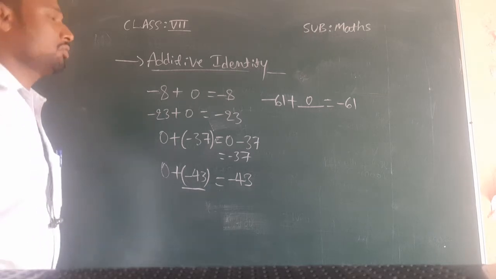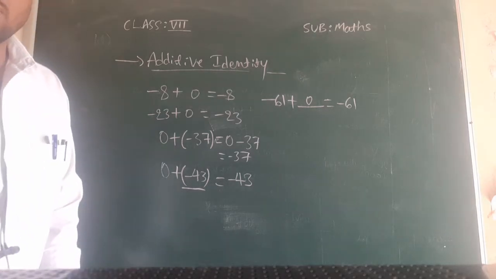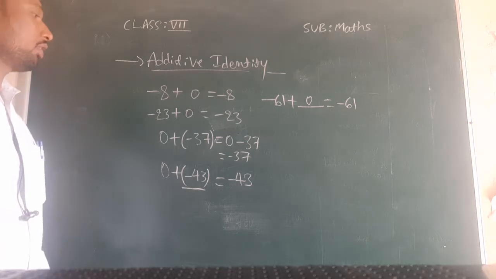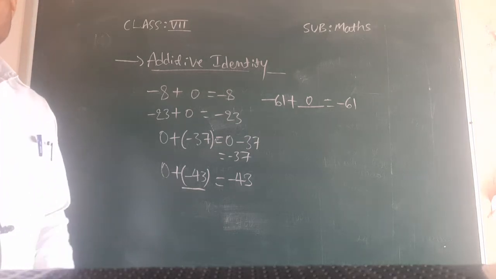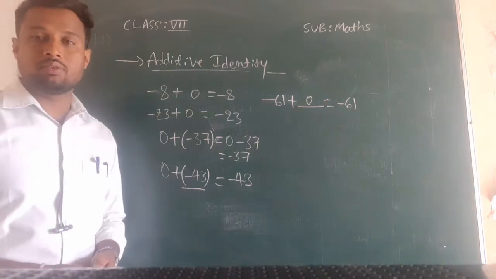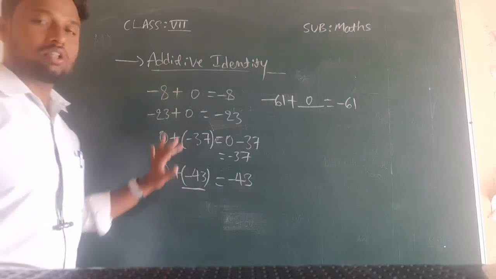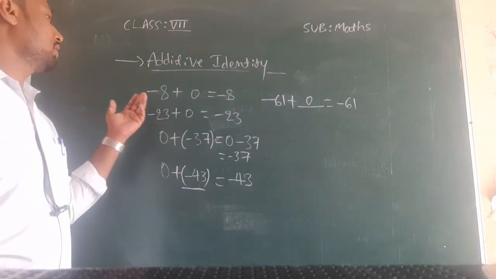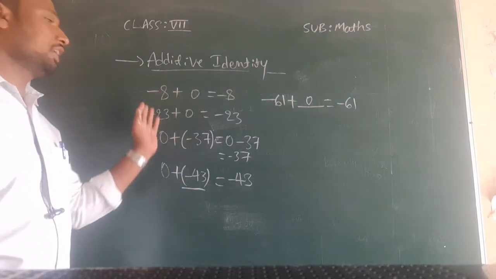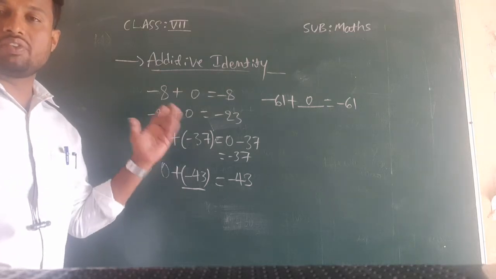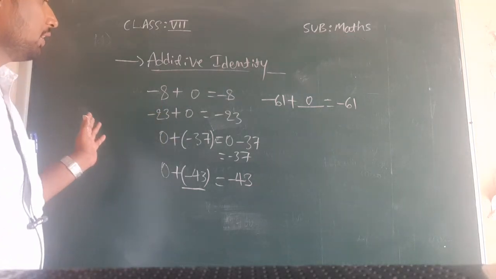So these are some of the examples. They have given some 3 or 4 examples in the textbook. Write all the examples from the textbook. Here you can observe in these examples that when you add 0 with any integer value, that may be a positive integer or a negative integer.